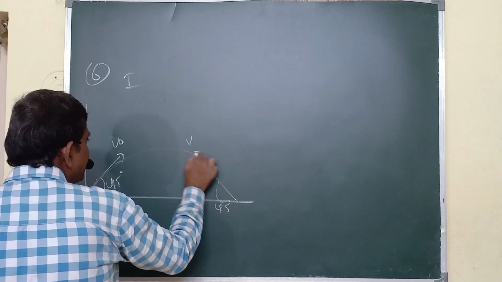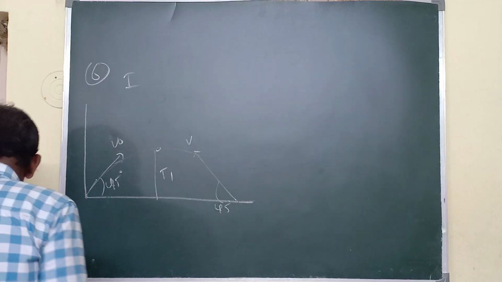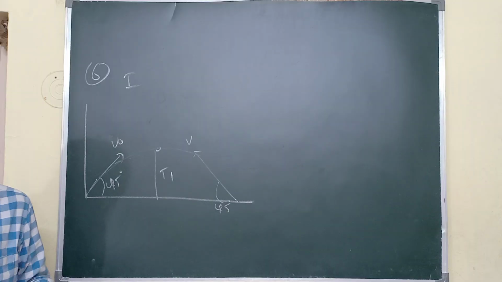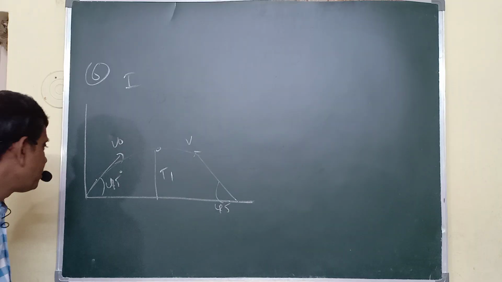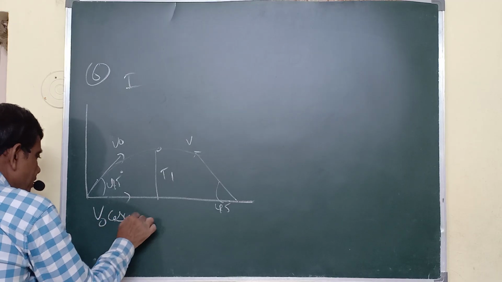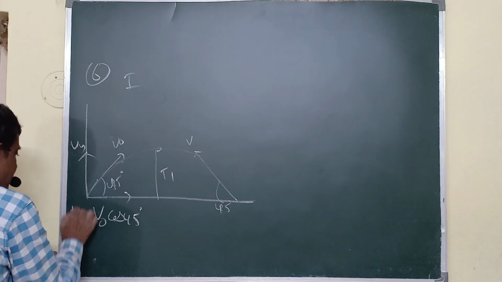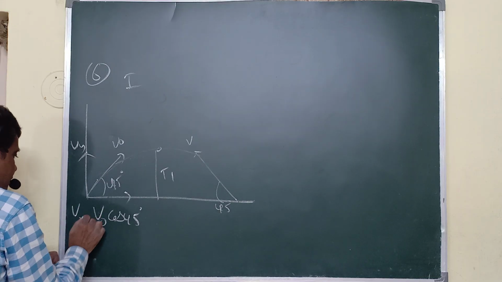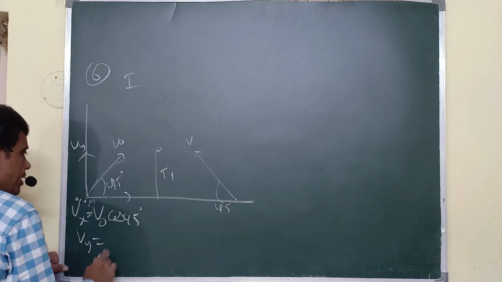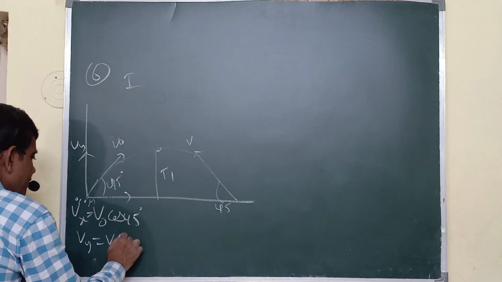These two meet at a time, which I am calling t1, and that is the time I am finding. Here I am taking two components. For V0, the x component is V0 cos 45 and the y component is V0 sin 45.